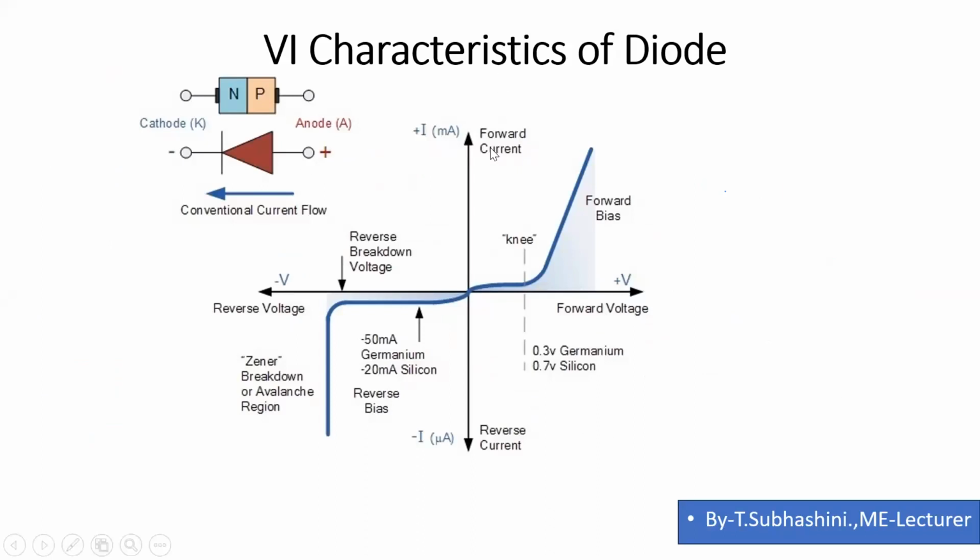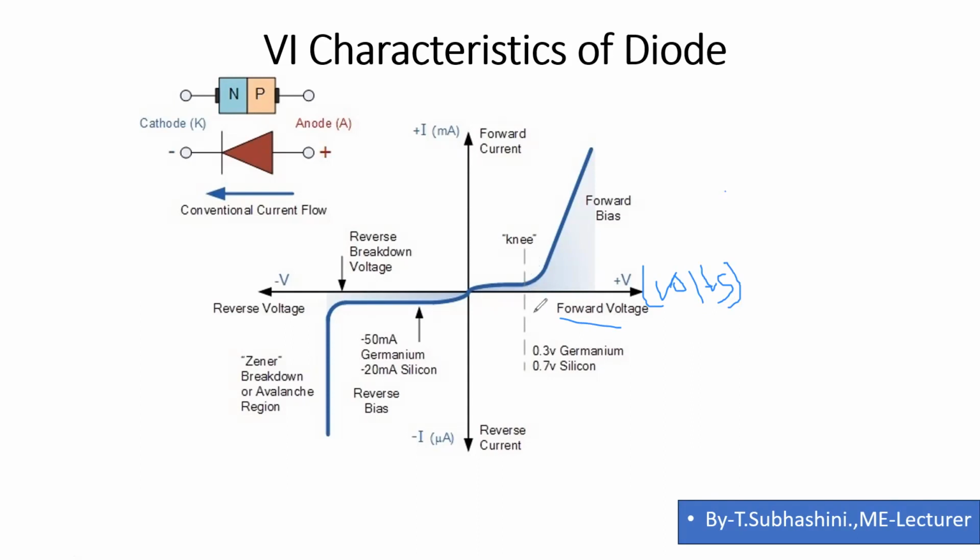In this VI characteristic, this portion is called the forward bias condition. When voltage is increased, this is the forward voltage in volts, and this is the forward current in milliamperes.